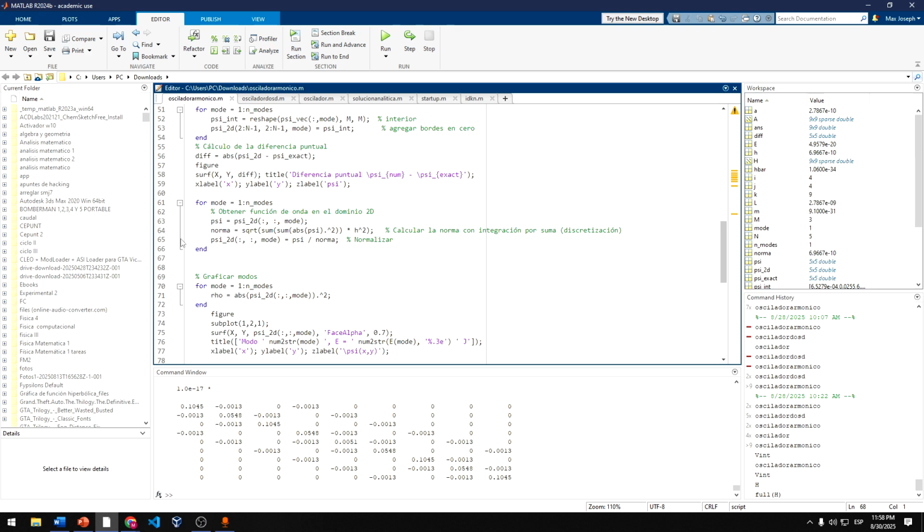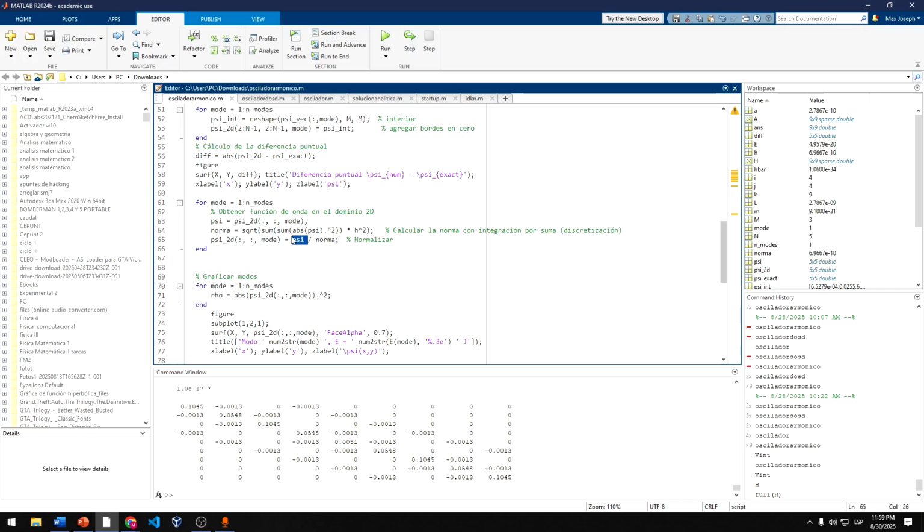¿Y cómo hacemos esto numéricamente? Pues aplicamos la raíz cuadrada de una doble sumatoria de psi al cuadrado multiplicado por el tamaño de paso al cuadrado. Ahora, psi sub 2 d va a llegar a ser igual a psi sobre la norma. Esto ya es como hacer un vector unitario.